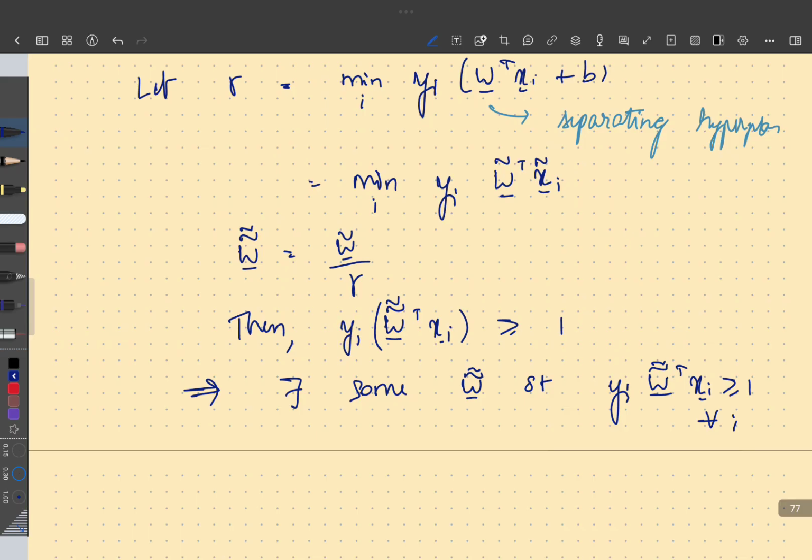Now I've got rid of two annoying features. One, I don't have a strict inequality anymore. The second, if W is a solution, then alpha times W is no longer necessarily a solution. It is for alpha greater than 1, correct. So we'll impose another constraint later.